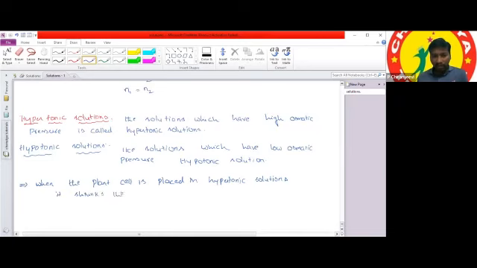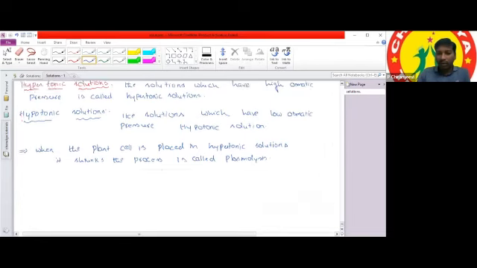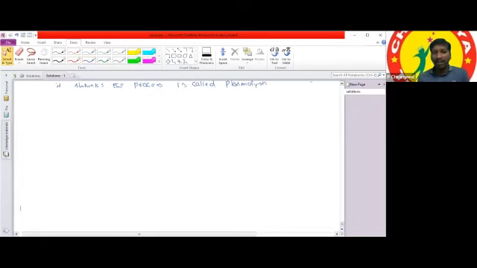The process is called plasmolysis. So what is the name of the process? The process is called plasmolysis. Sometimes they ask this question indirectly. And what is the other one?